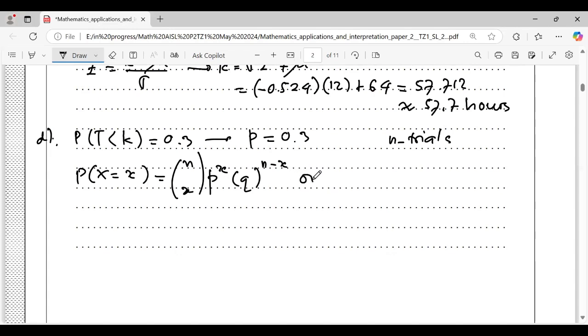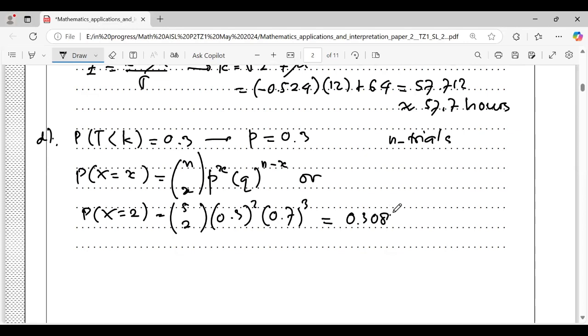So the probability that x equals 2 is the combination of 5 and 2, times 0.3 squared, times 0.7 cubed, because q is 1 minus 0.3, right? And 3 is n minus x. It's going to be 0.3087. If you calculate, you're going to find this number. So the result is that one.